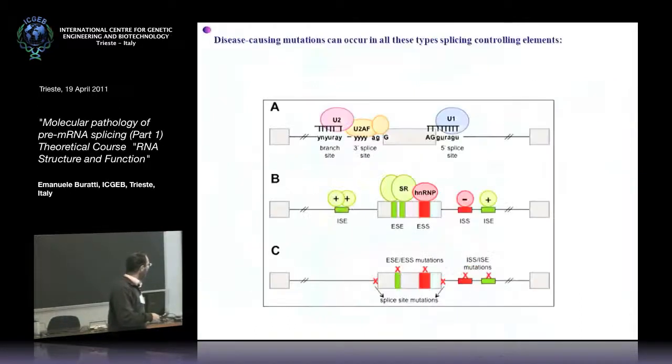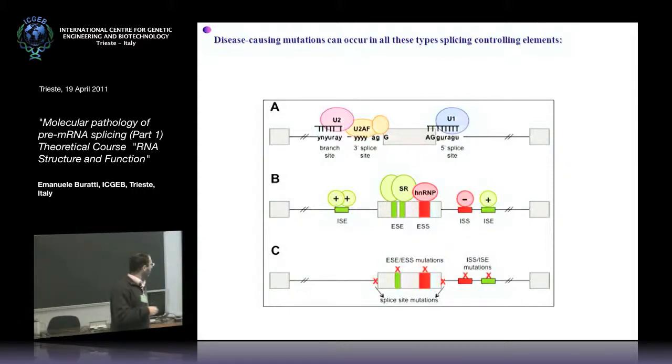In this first part of the talk, I'm going to talk mainly about splicing mutations that occur either in the consensus splice site sequences or in the nearby exonic and intronic auxiliary elements.